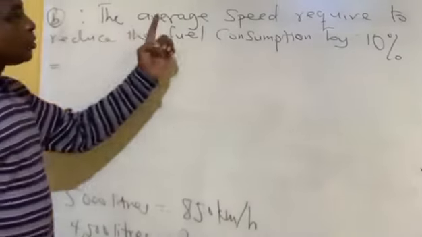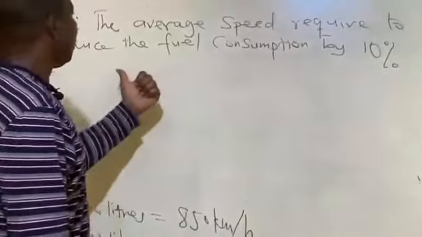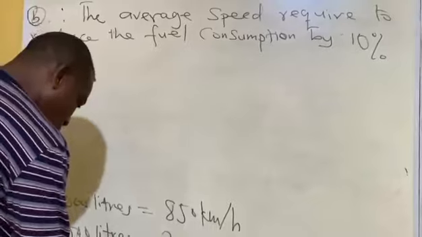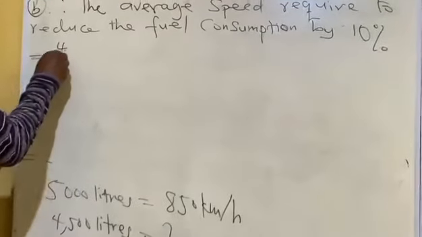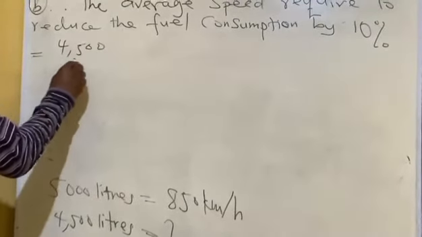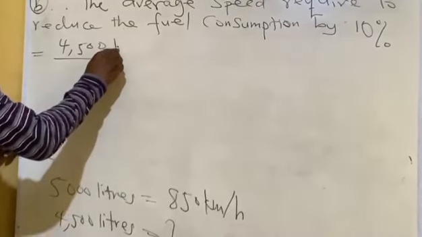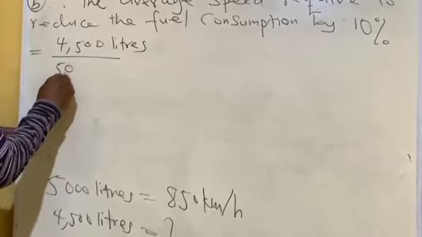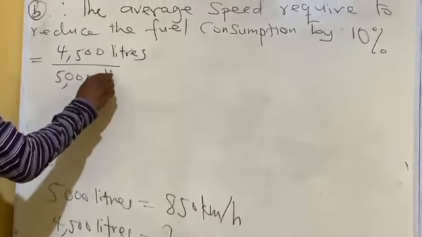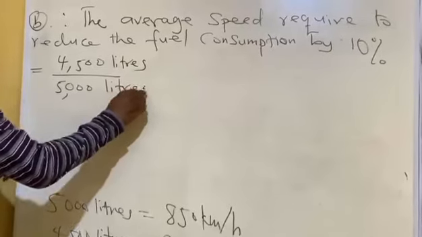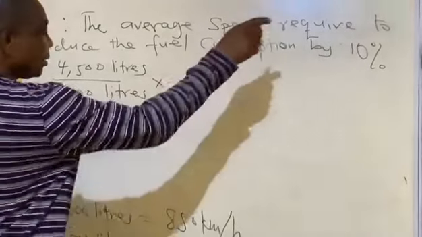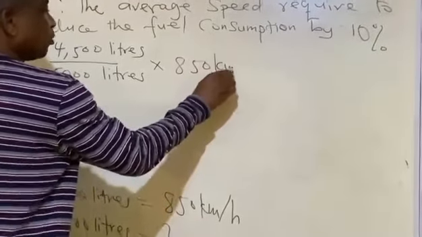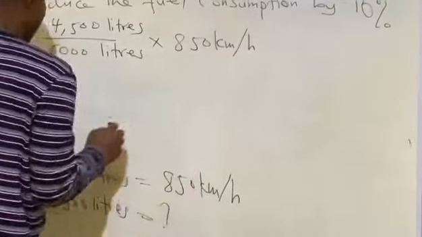Therefore, the average speed required to reduce the fuel consumption by 10% is equal to 4,500 liters over 5,000 liters times the speed of 850 kilometers per hour.